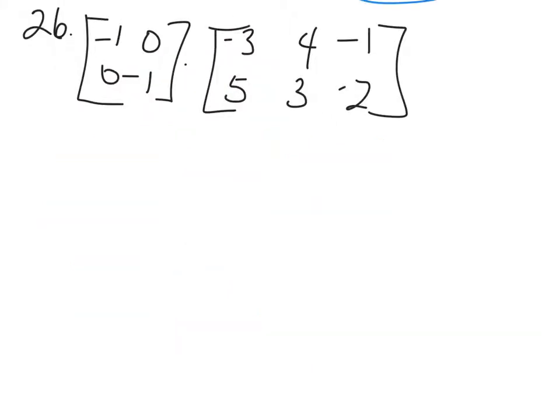Okay, 26, we're doing a 180-degree rotation. So row by column again. Yeah. So we're going to have 3 plus 0, negative 4 plus 0, 1 plus 0. Now it's going to be 0 plus negative 5.